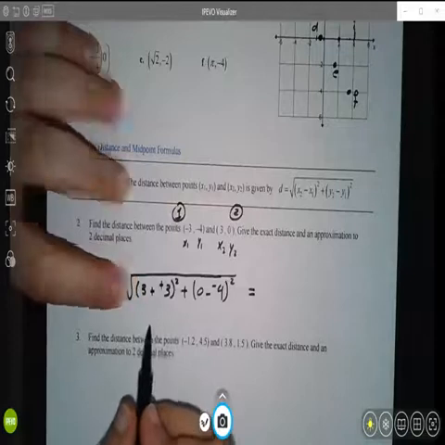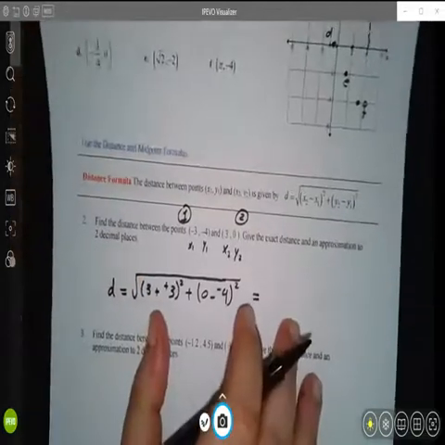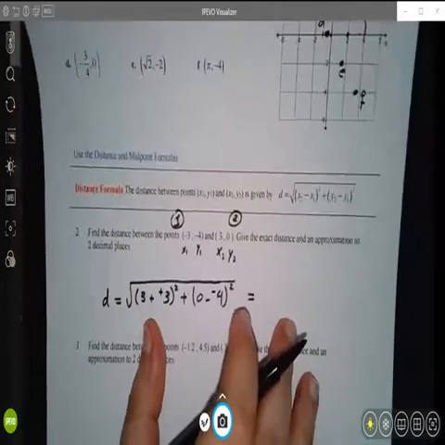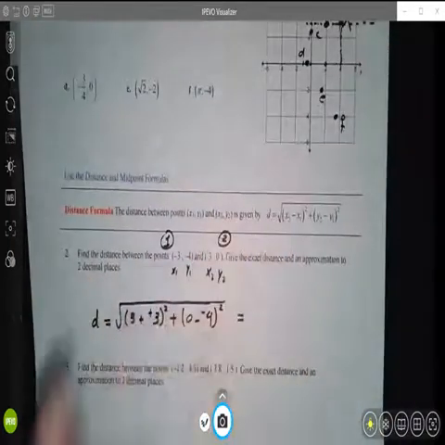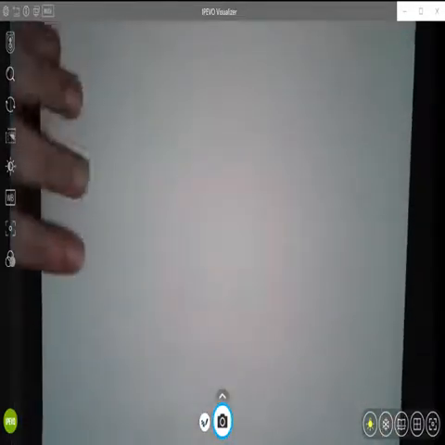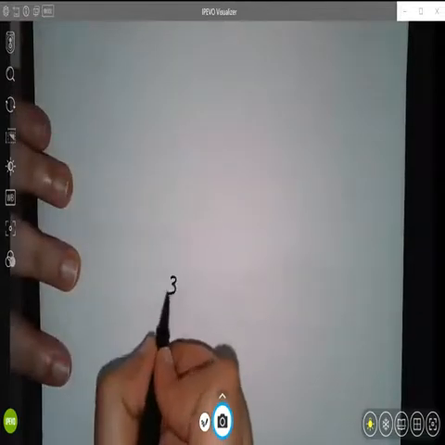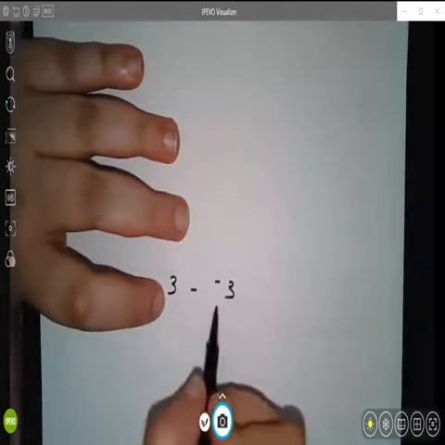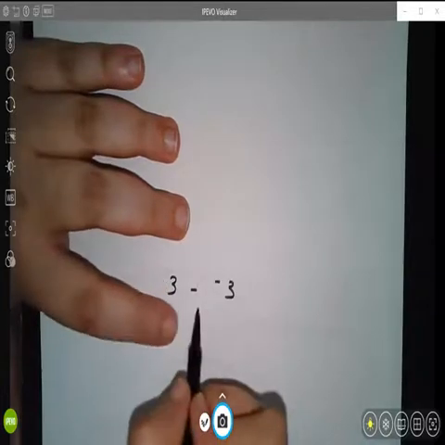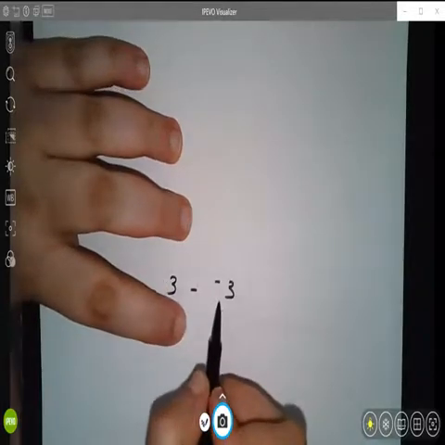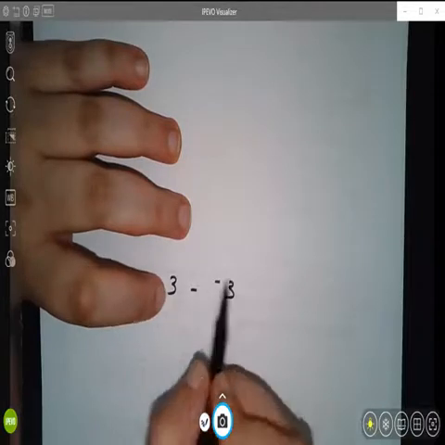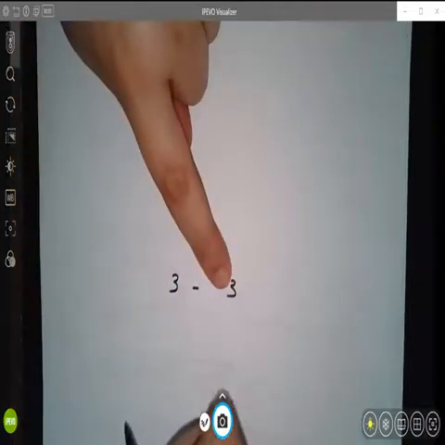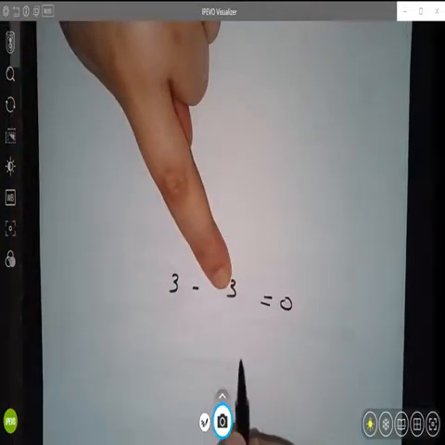When you're subtracting, let me grab a blank piece of paper so I don't run out of space here. Okay, very quick. Now, when you have a positive number minus a negative number, right? I'm basically asking you to subtract a -3. So if I have a +3 and I ask you to subtract a 3, the answer in this case would be 0, right?